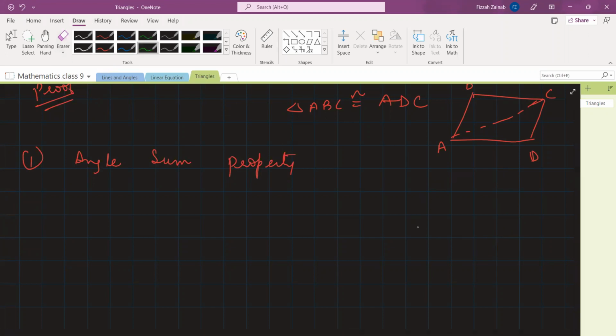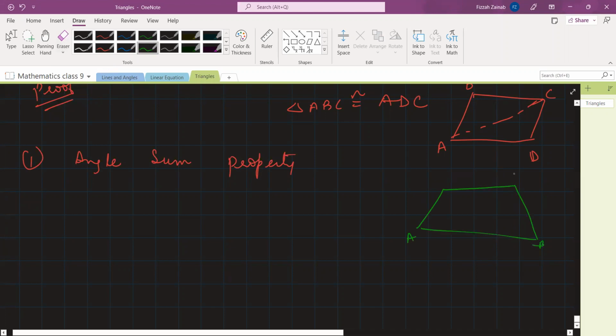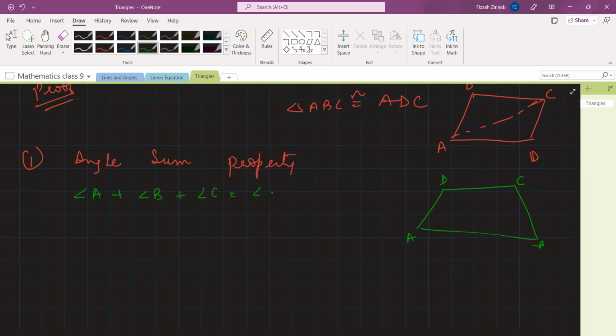You can draw any shape like this. It's a quadrilateral A, B, C, D. So angle sum property means the sum of all the angles. That means angle A plus angle B plus angle C plus angle D is 360 degrees. Remember, in a triangle it is 180, in a quadrilateral it is 360. That's it.